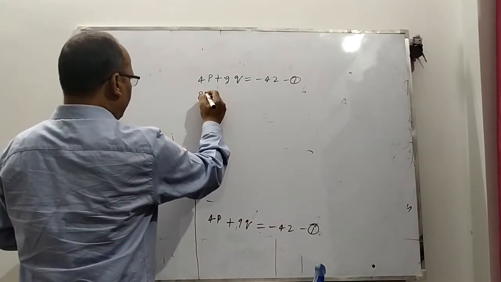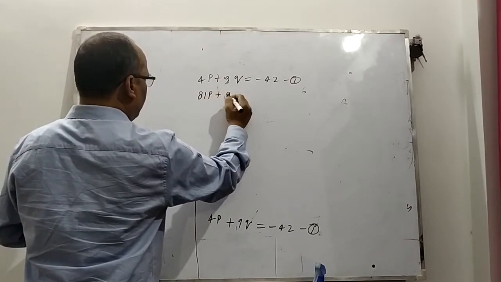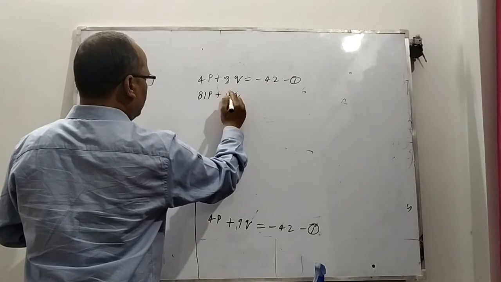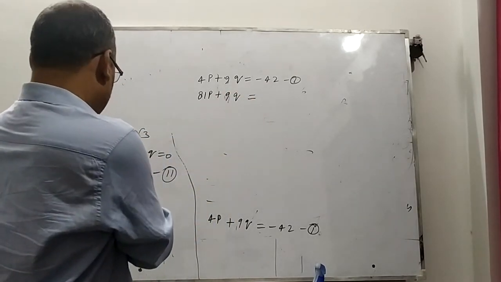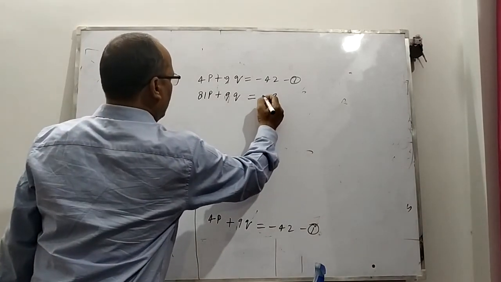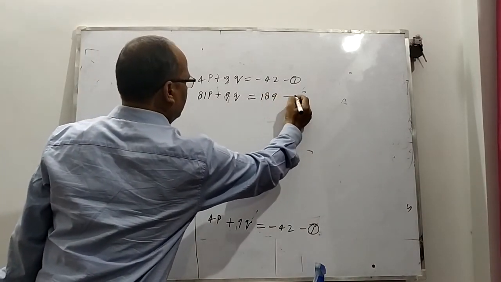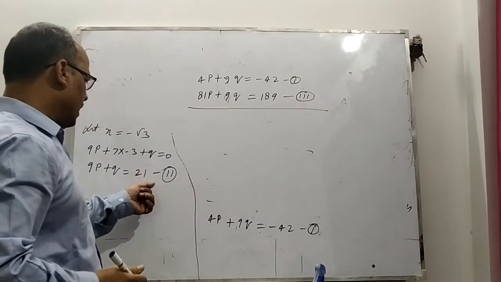So it will become 81p plus 9q equal to 9 times 21, which is 189. Now it will become the third equation.